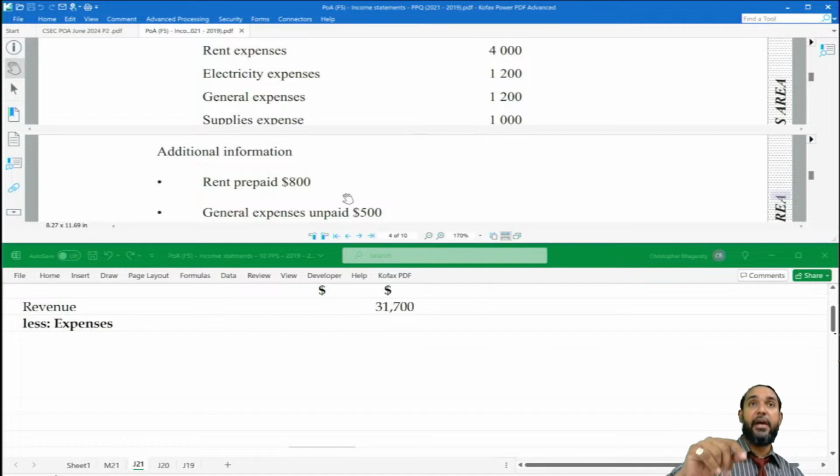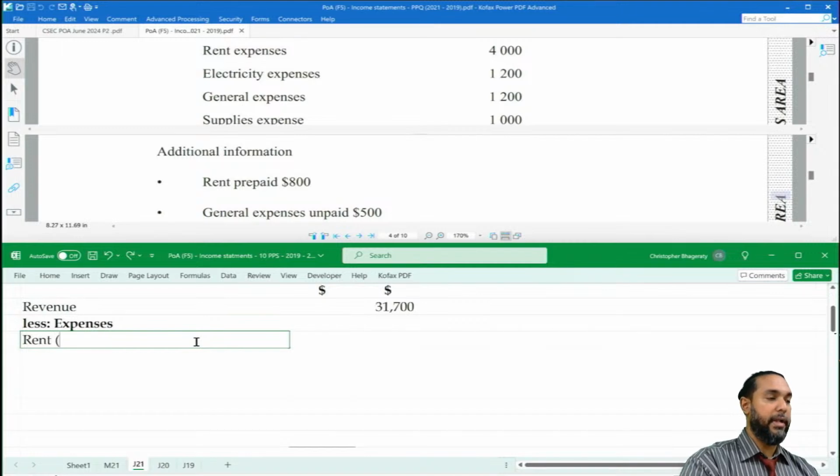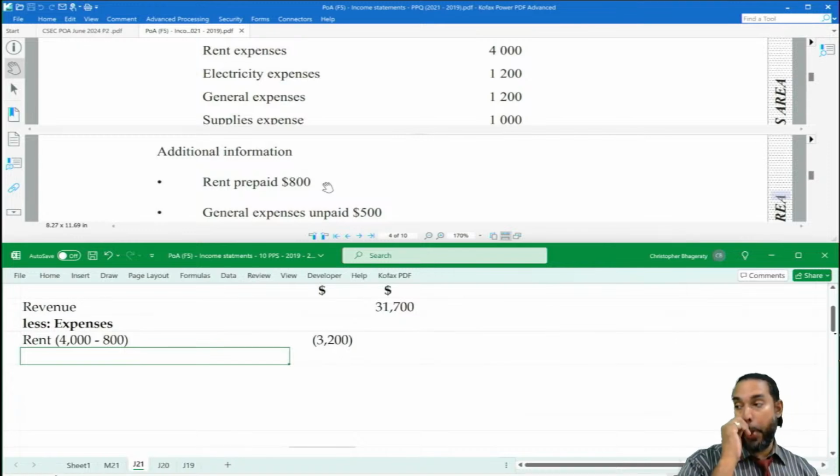That extra you paid does not apply to the current period and therefore cannot be included in the current period's profit calculation, the income statement. How do we exclude it? We simply subtract it. So the rent figure will be the 4,000 from on top minus the prepaid amount of 800. So you'll have 3,200 there.